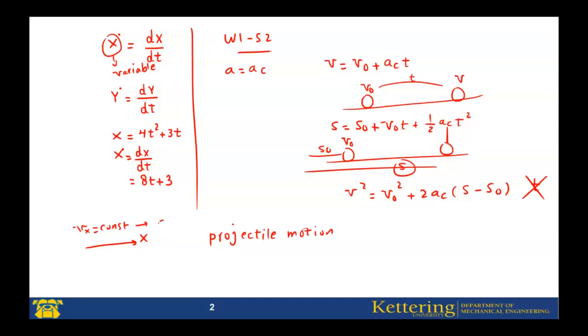When the velocity is constant, how much is the acceleration? Zero. Also, it's a constant. Acceleration will be zero. Now, this acceleration is constant, which means that I can use these equations.